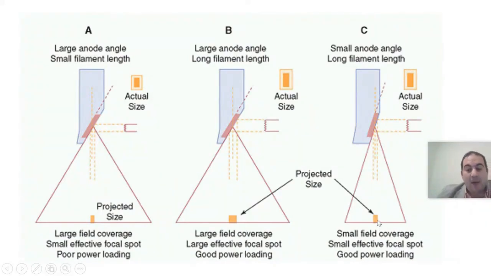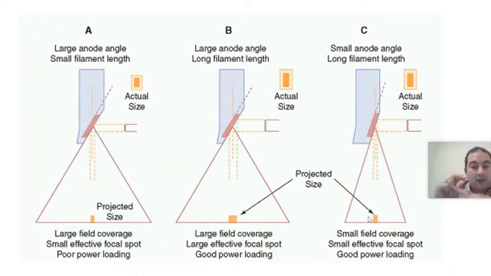However, at the same time, it provided you with good power loading, meaning it allowed you to handle high parameters. Why? Because you still have the anode angulation, so the actual focal spot size is also considered larger than the effective focal spot size. So what do I understand now? I understand that when I reduced the anode angle, my effective focal spot size decreased, right?